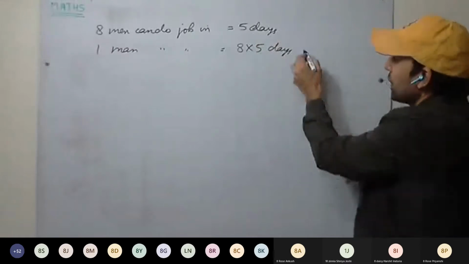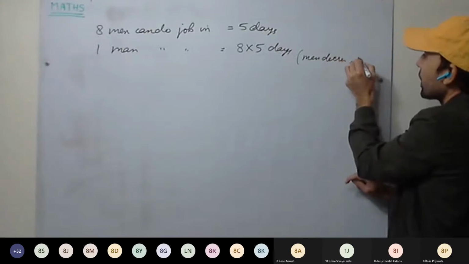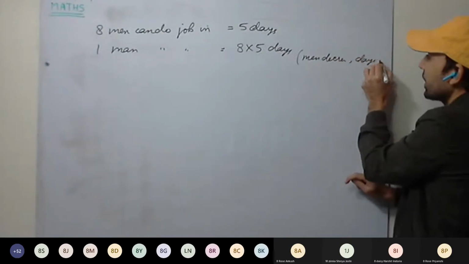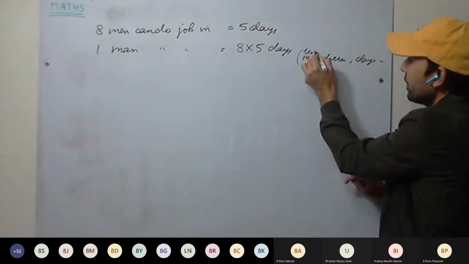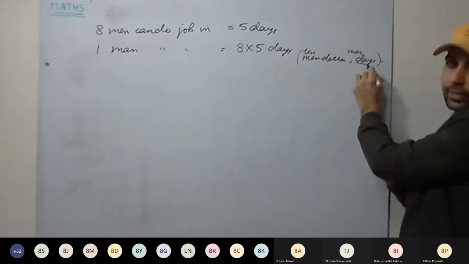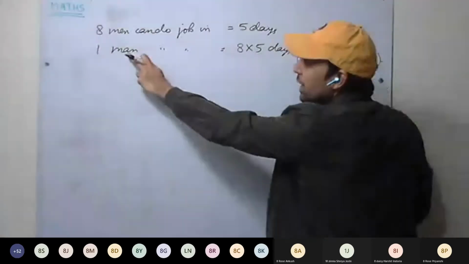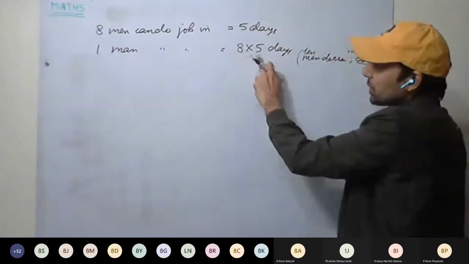Understood this one? So here, men decrease, days increase, or less men, more days. This is easier. Less men will take more days to complete the work. Therefore, we multiply.